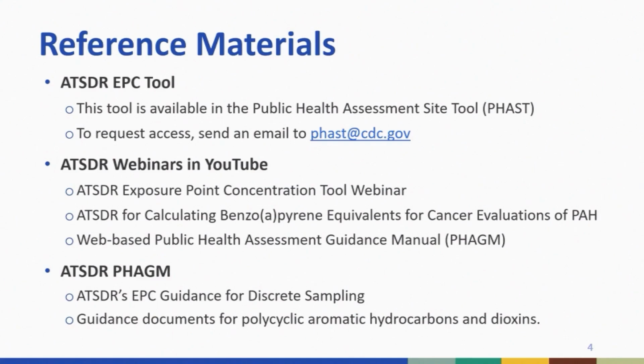These include ATSDR's EPC guidance for discrete sampling, which identifies the main algorithm used to calculate EPCs, and guidance documents for PAHs and dioxins, both of which include calculations that were implemented in the EPC tool. These documents and others are available on the PHAGM resources page under the EPC and exposure calculations heading.